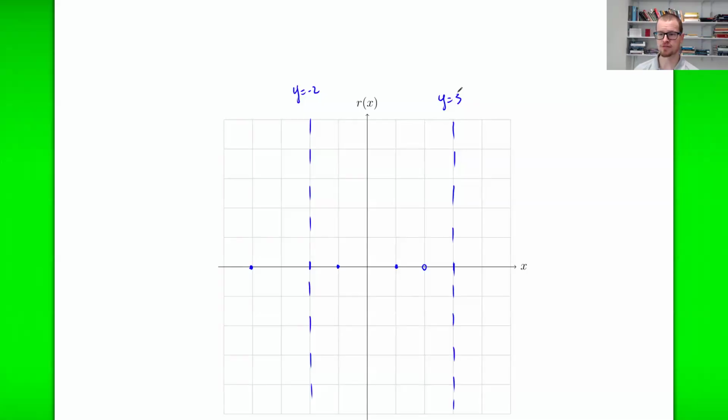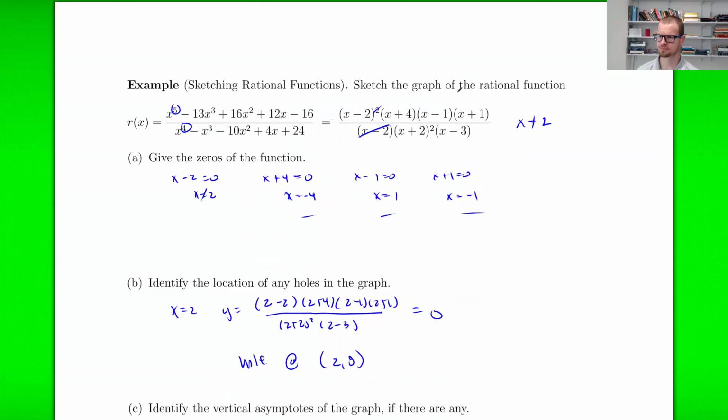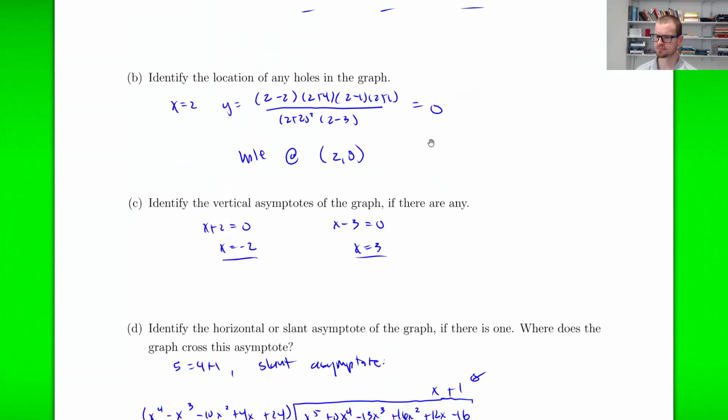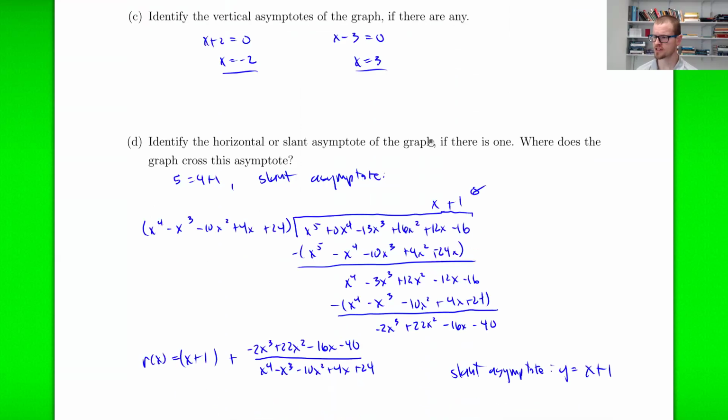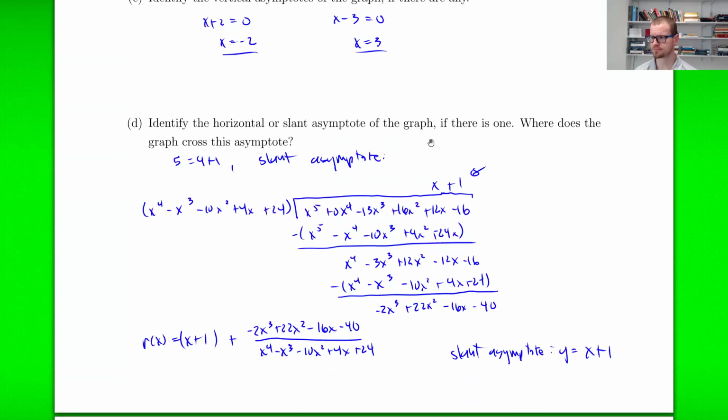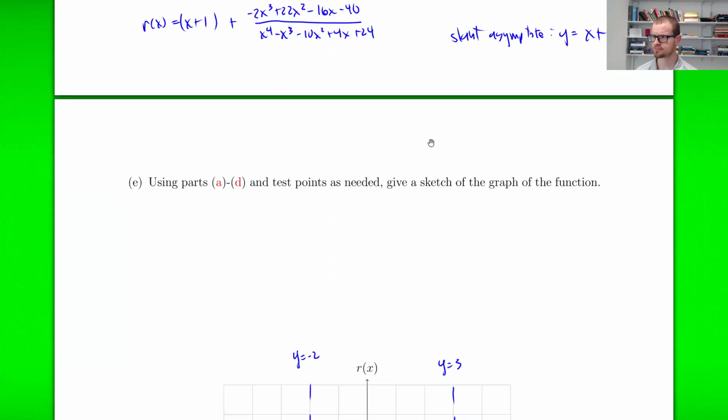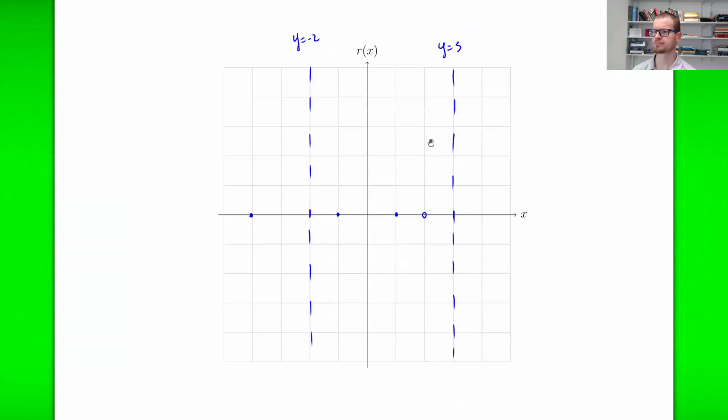So I have most of the information at this point. Let's go back and grab onto that slant asymptote. So we have slant asymptote of x plus 1. y equals x plus 1, so it's going to pass through here, and looks something like this.